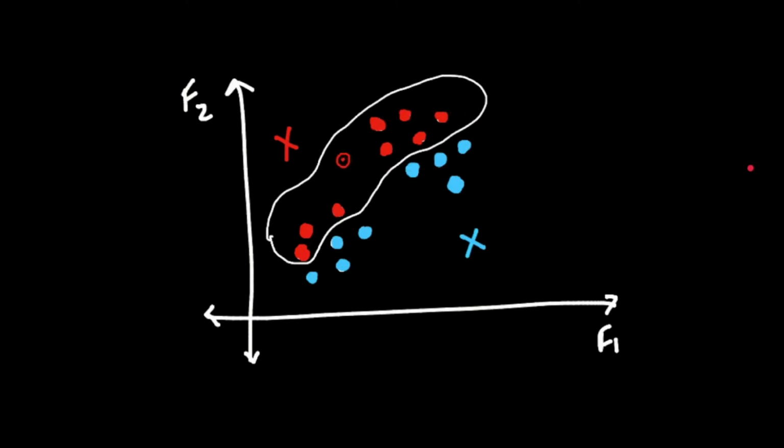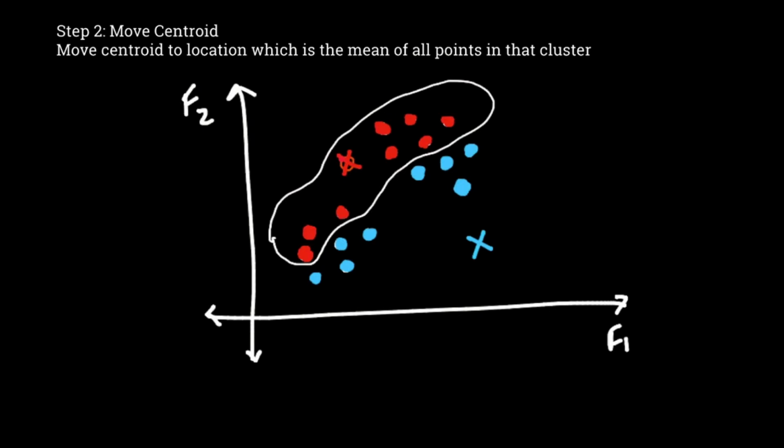Now that it knows the mean is over here, it is going to move this x to that position. So the centroid is trying to get close to the mean. K means, I guess that's how they came up with the k and the mean, right? The centroid is trying to come up to this mean location over here.